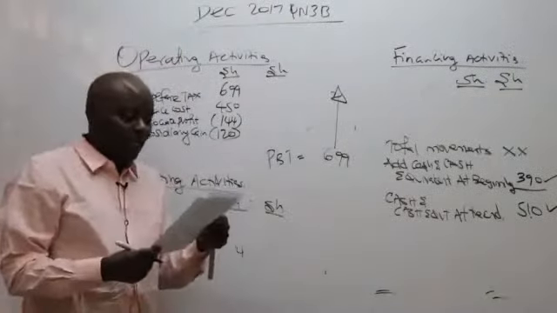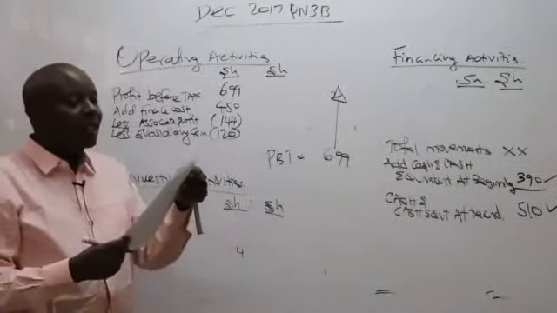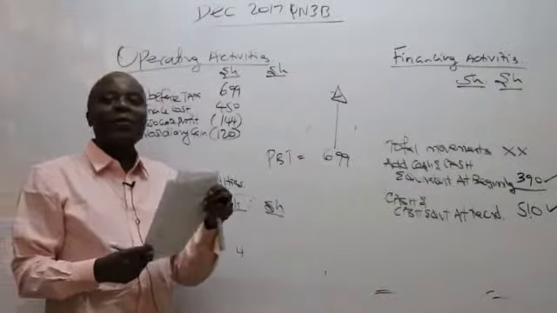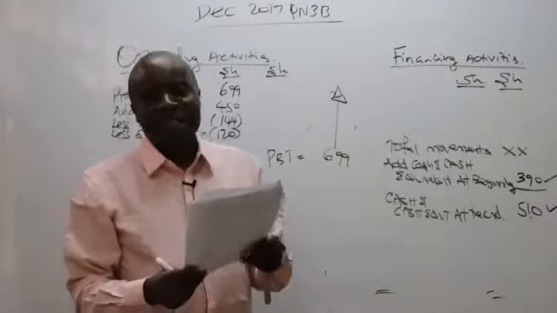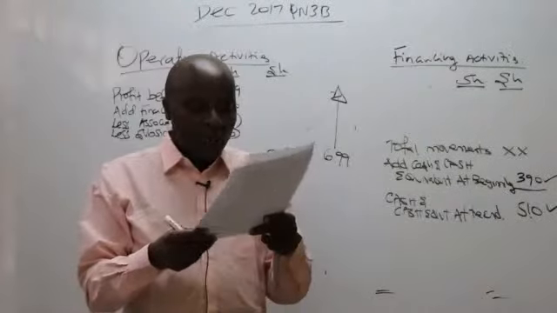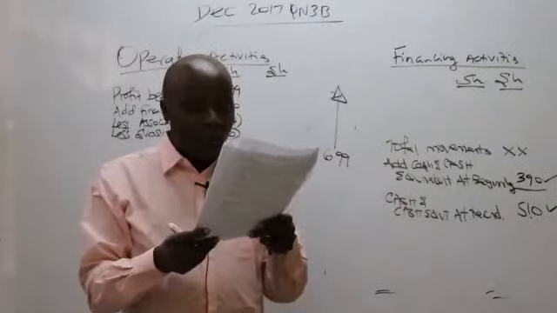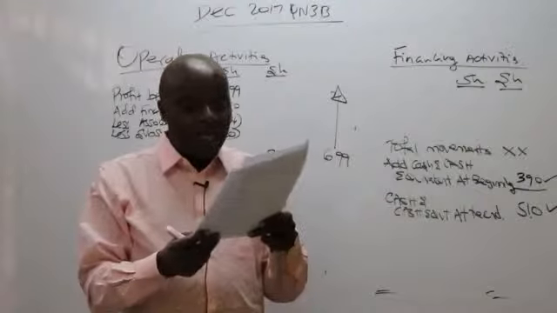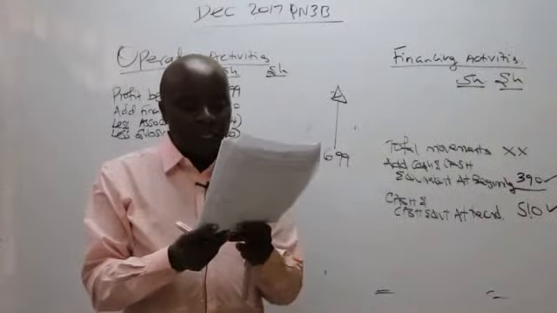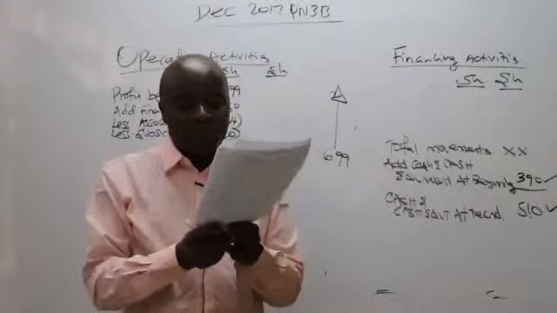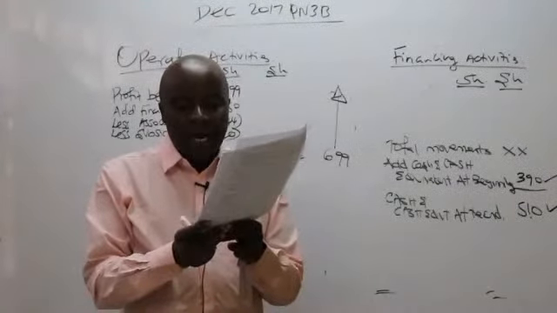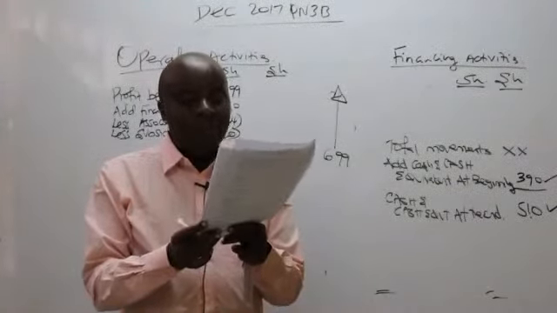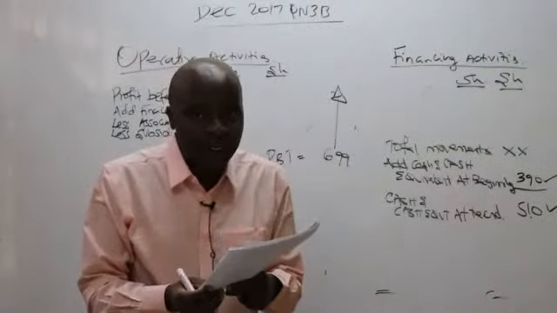Great. So we are proceeding well. Also look carefully at the cost of sales. In the cost of sales, of course, there will be depreciation. Look at note number 1. They tell you that during the year ended 31st October 2017, depreciation of shillings 240 million was charged in relation to property, plant and equipment.